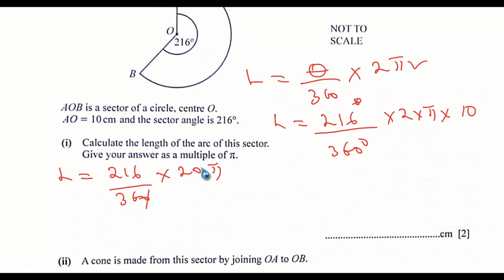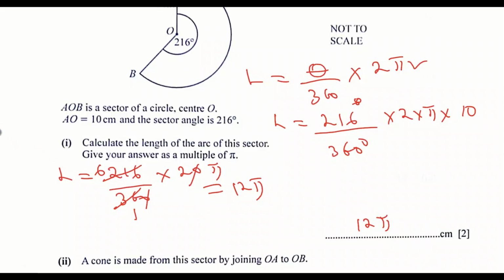The 0 cancels 0, so 36 goes into 36 once, and 36 goes into 216 six times. If you multiply 6 by 2, that will be 12. So we have 12 pi. Hence, the length of the arc is 12 pi centimeters, the length of the arc as a multiple of pi.